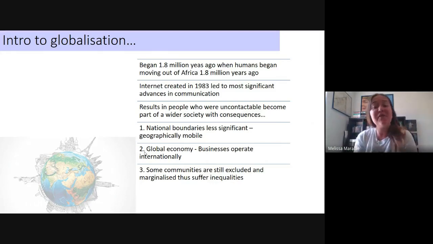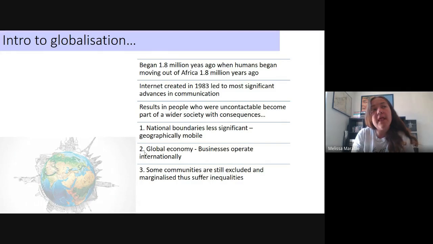So, intro to globalisation. Really, globalisation began, guys, 1.8 million years ago when humans began moving out of Africa. This is where we believe our human species first originated. We first evolved in Africa, and from then we travelled, we walked, we built little boats, we sailed, and populated the earth over 1.8 million years.